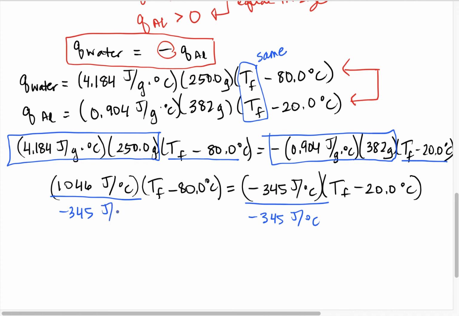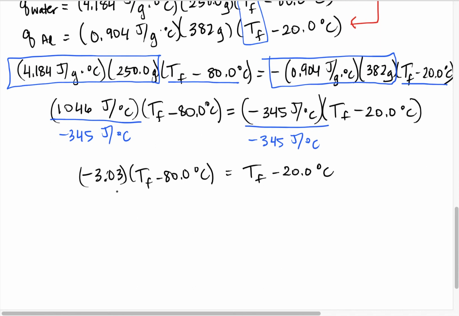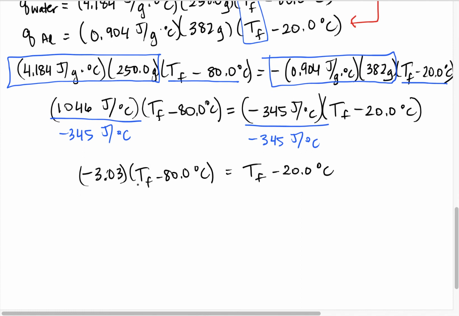regardless. So when I divide these two I get on the left-hand side minus 3.03 multiplied by TF minus 80 degrees. This is all just algebra, is equal to TF minus 20 degrees C. So because I have a number that's multiplied next to two numbers that are subtracted in parentheses, I can distribute this number to both of them.